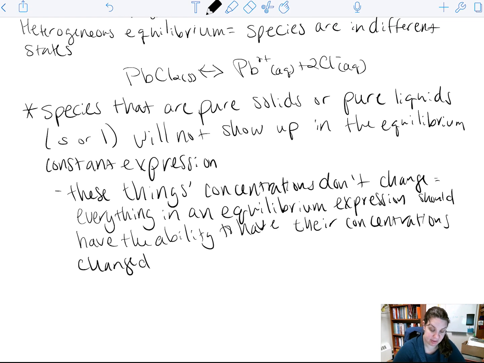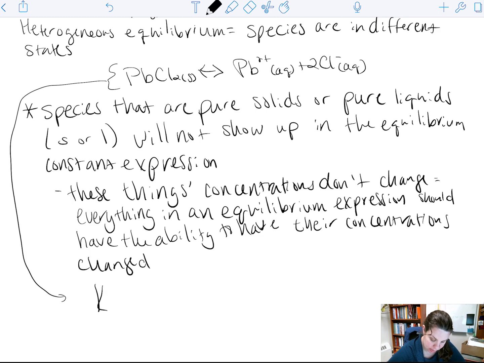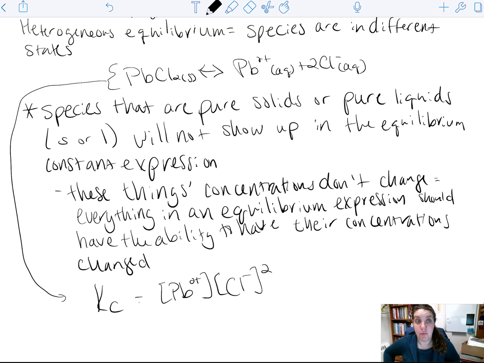So if we look back at this PbCl2 solid, its Kc will actually just be [Pb2+][Cl-] squared. We will not include that solid term in that equilibrium constant expression. Also note with equilibrium constant expression in terms of pressure, I've said this already, but just in case, we will only put in terms that are gaseous in nature.